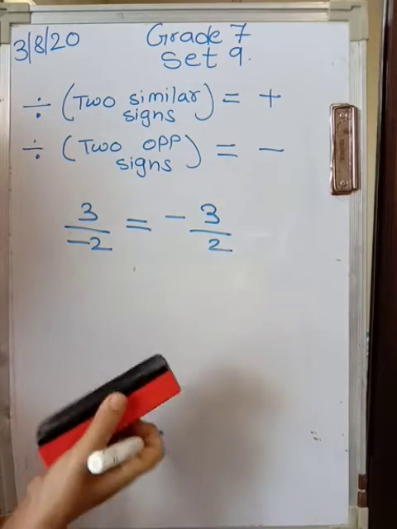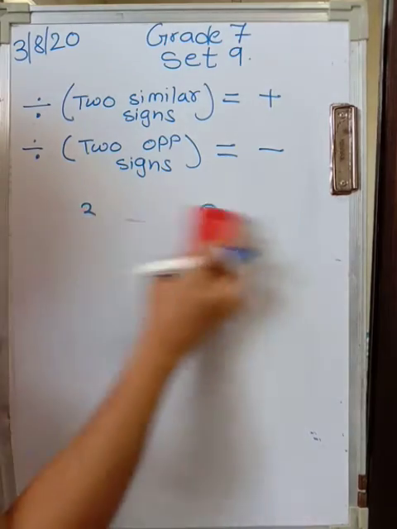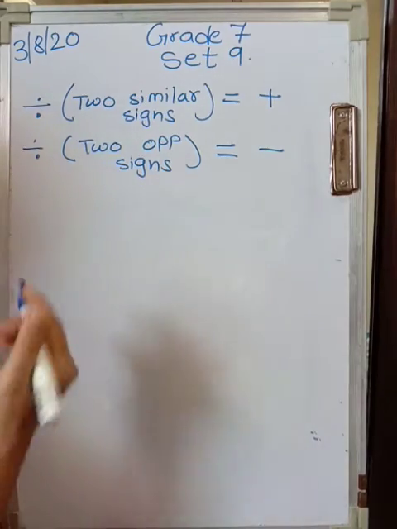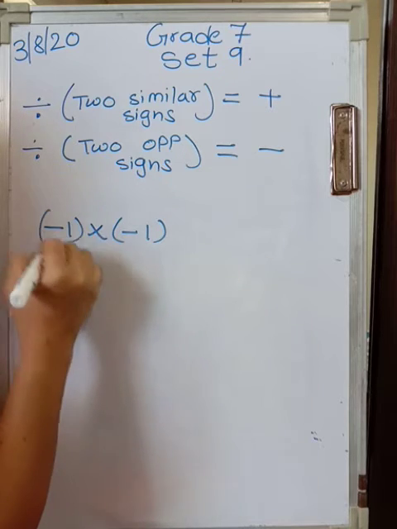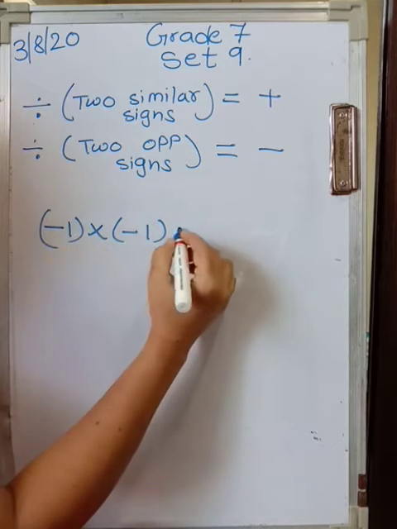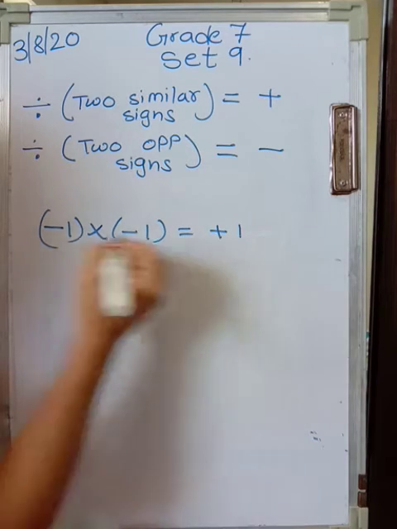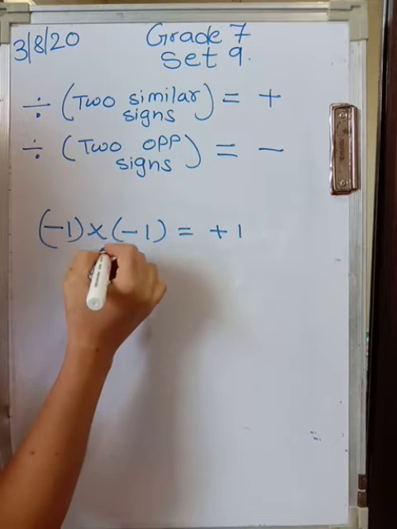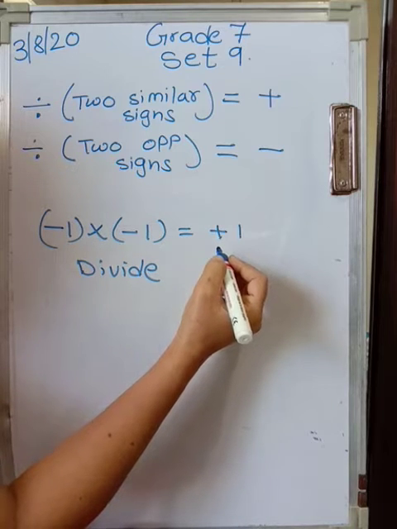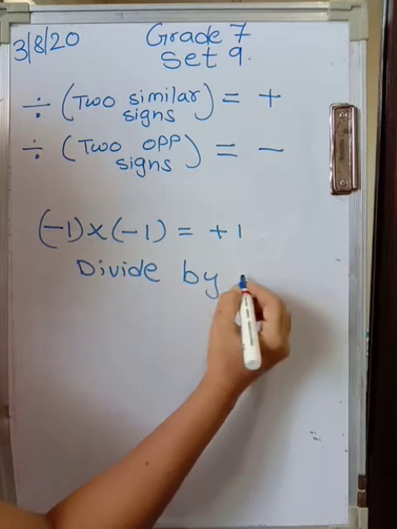You need not remember this, but just to see how it comes, I will tell you one thing. For example, we have yesterday seen minus 1 into minus 1. Multiplication of two similar signs is always plus 1. Now this is an equation, so on the left hand side as well as the right hand side, I divide by minus 1.